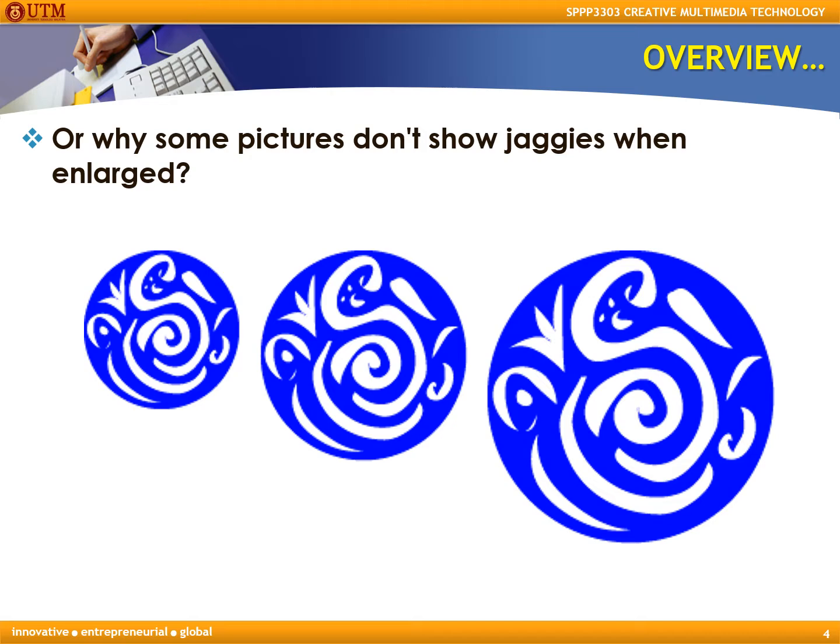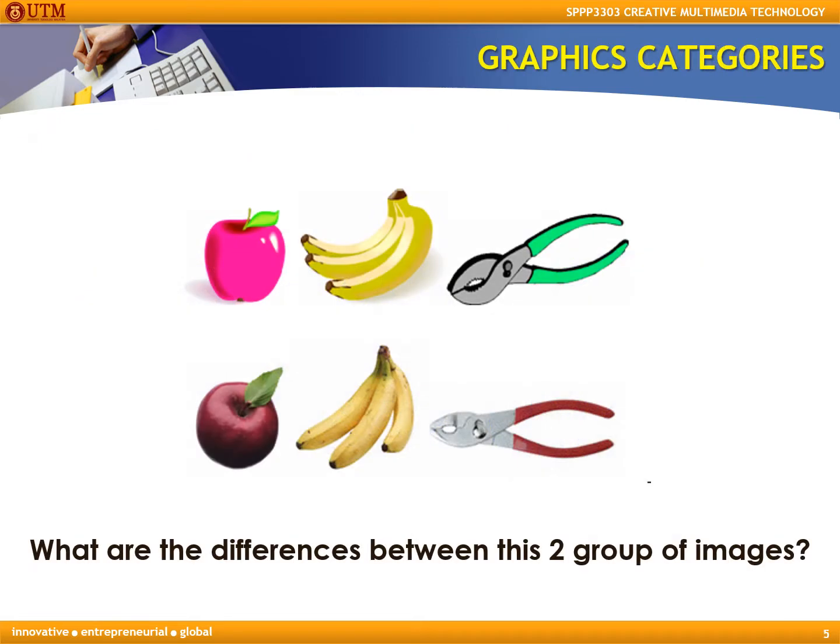Now, why do some pictures not have these blurry edges? If you want to answer this question, look at the differences between these two groups of images. The first one is not real objects. It's a drawing, all right?